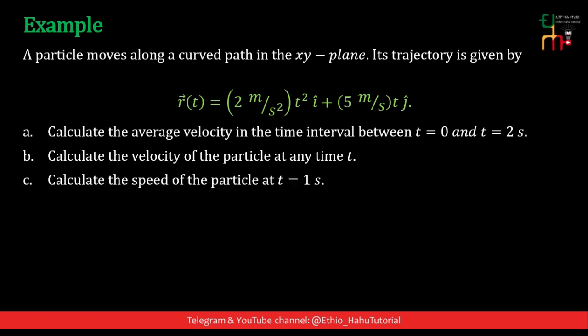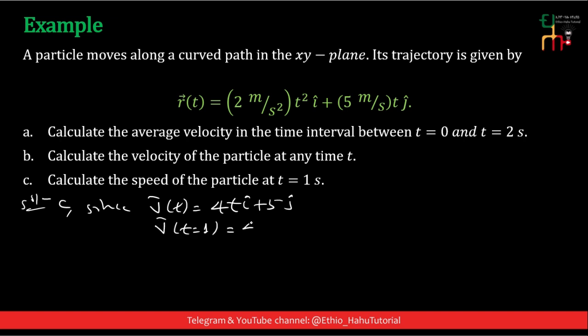Calculate the speed of the particle at t is equal to 1 second. Since v at any time t is equal to 4t i plus 5 j, velocity at t is equal to 1 second is 4 times 1 i plus 5 j. This is equal to 4 i plus 5 j meter per second. But we want to find the speed.